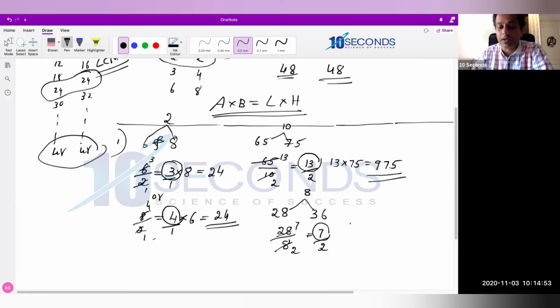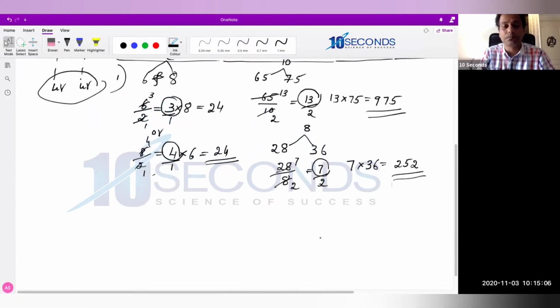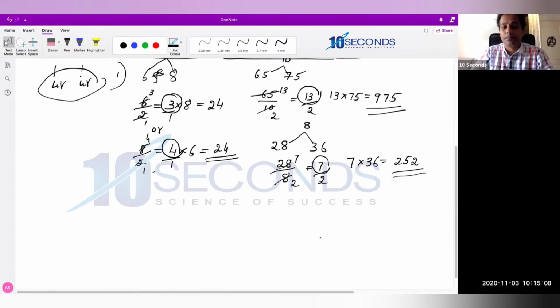Take only 7, multiply with 36, and 252 is the LCM. So the LCM of 28 and 36 is 252. Next, the second one is 65 and 75. Third is 28 and 36.